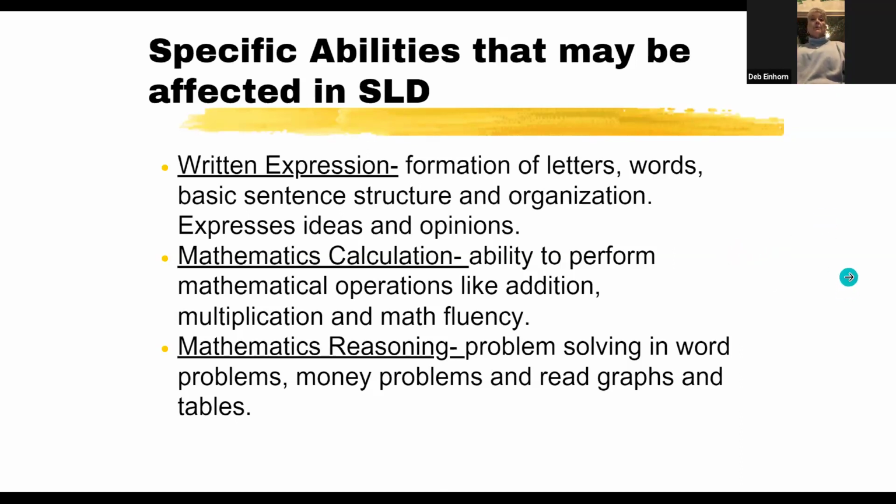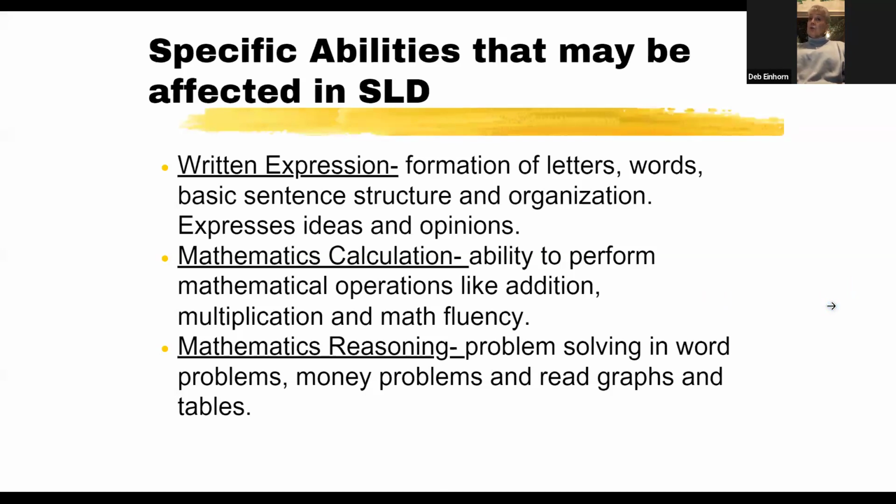Some students have trouble with mathematical calculations. They can't perform operations like addition, multiplication, and math fluency. So some accommodations they might need are, they may never be able to memorize the times table, so they may have to always use a calculator in math. Accommodations like that. Mathematical reasoning, they might have trouble with problem solving.